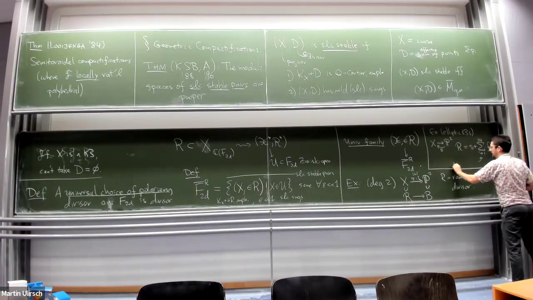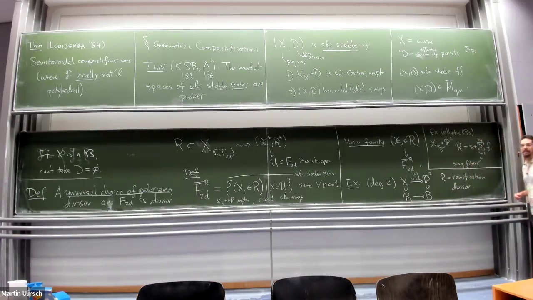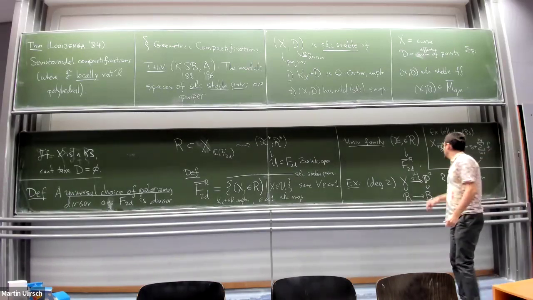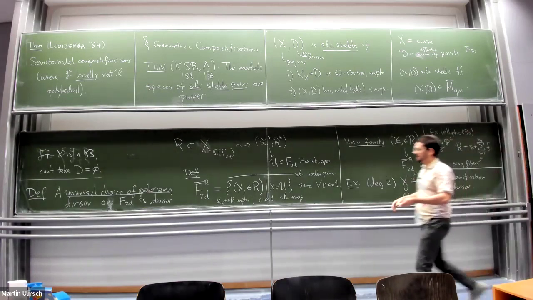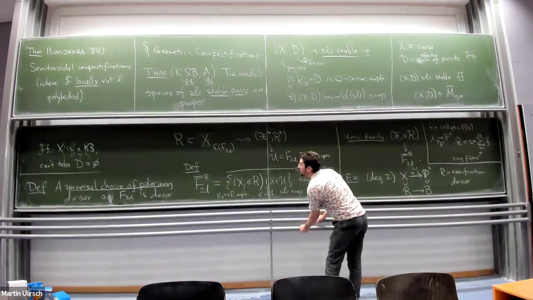There are always, counted with multiplicity, 24 singular fibers of the elliptic K3 surface. This divisor you kind of get for free just from the fact that you have an elliptic K3 surface. And now let me give an example in all degrees.